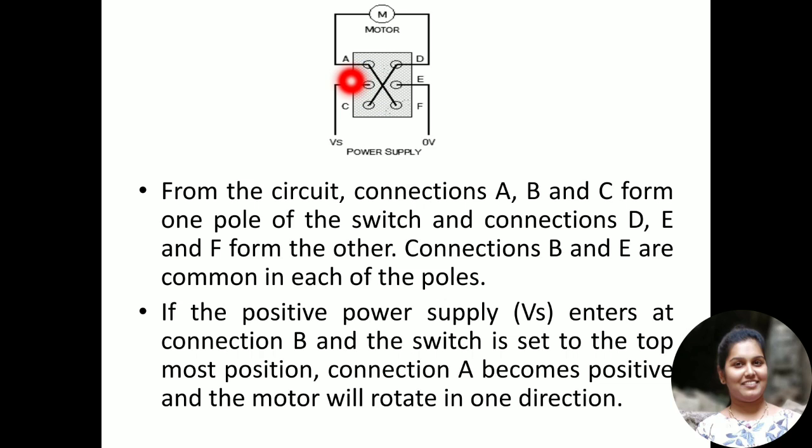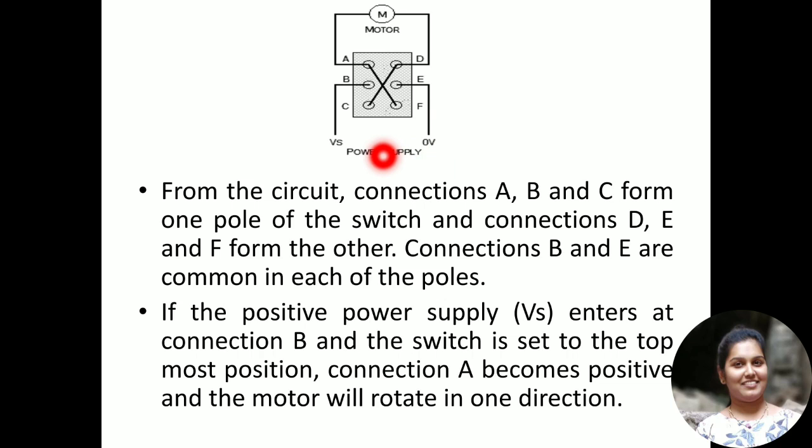If the switch is set to the lowermost position, the power supply is reversed and the connection D becomes positive, then the motor will rotate in the opposite direction. In the center position, the power supply is not connected to the motor and it does not rotate.